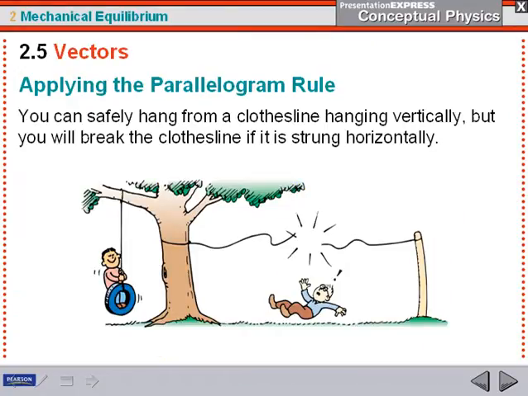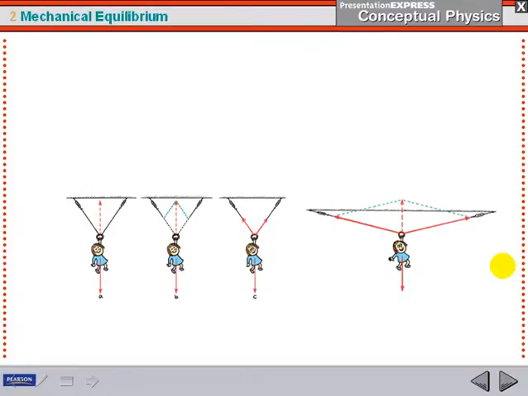Now let's apply that. If you hang a clothesline vertically like this, like in a tire, there actually is less tension in that wire than if you hang it horizontally. And that may not make sense to you, but let's look at it again here. Once again, notice the angle.